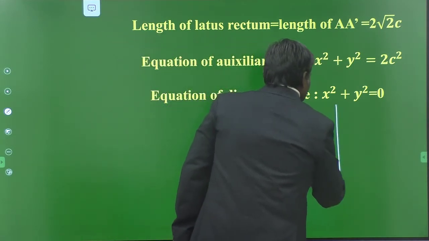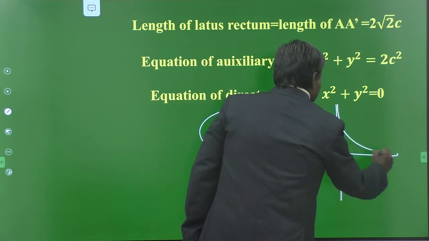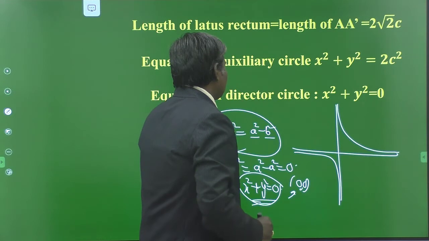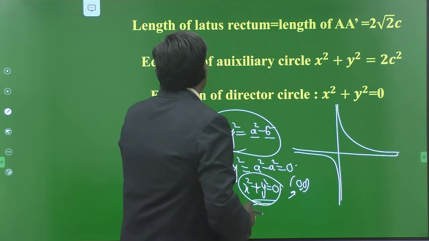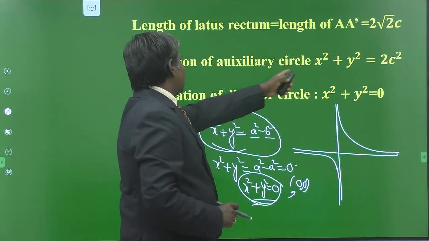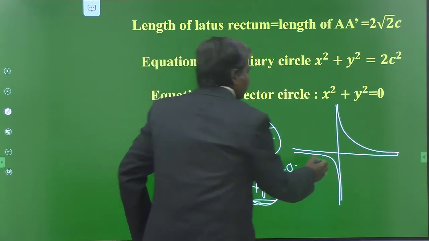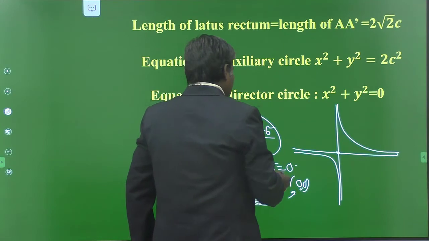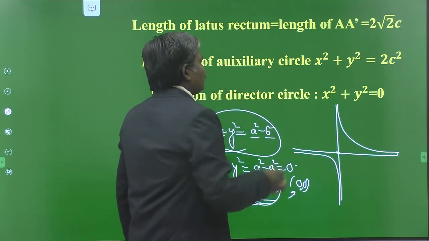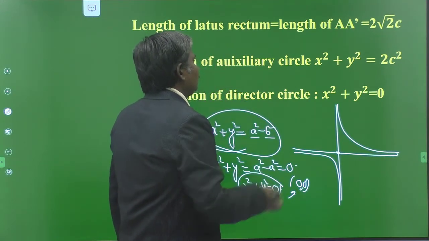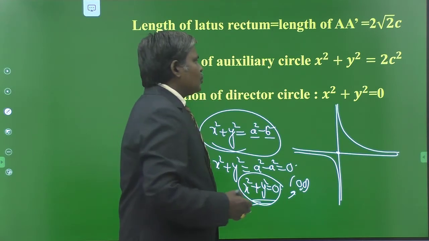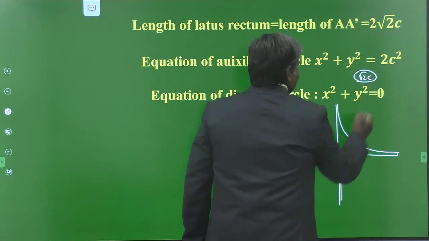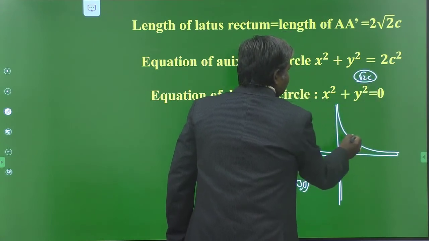So this is your rectangular hyperbola. x square plus y square equals 0 is the director circle, which is just a point. The auxiliary circle is x square plus y square equals 2c square. So what is the radius of the circle? Root 2c. That means this is the point c comma c.